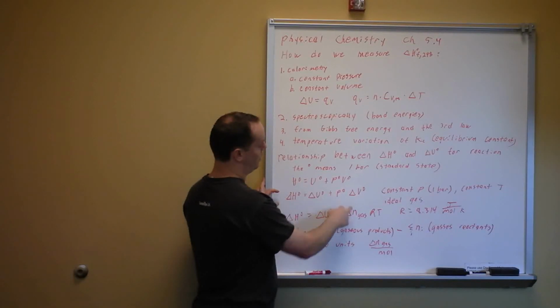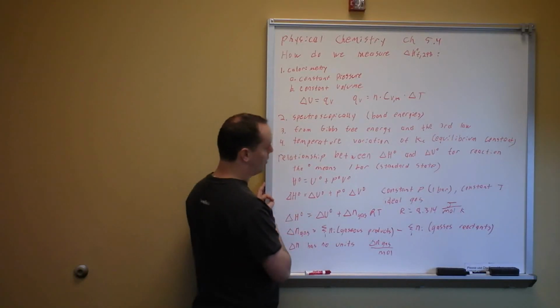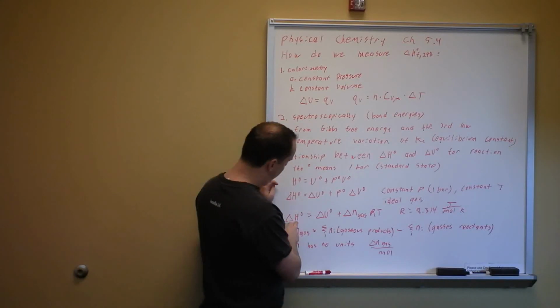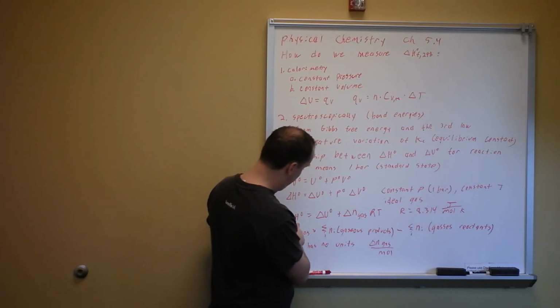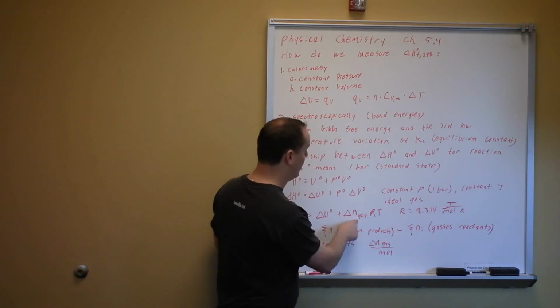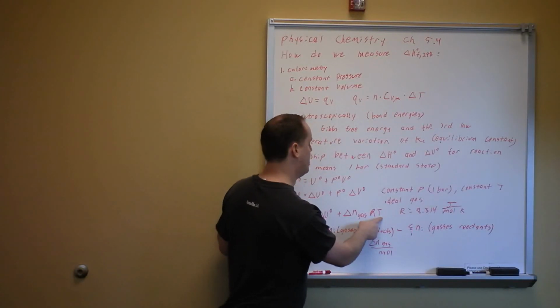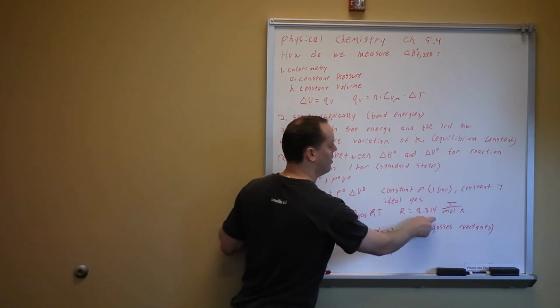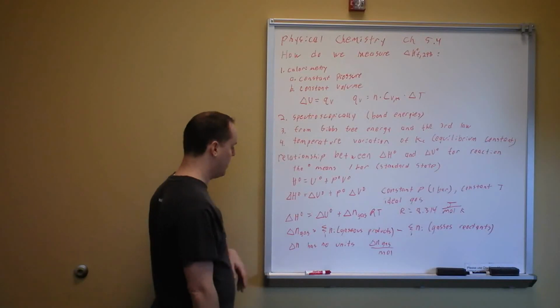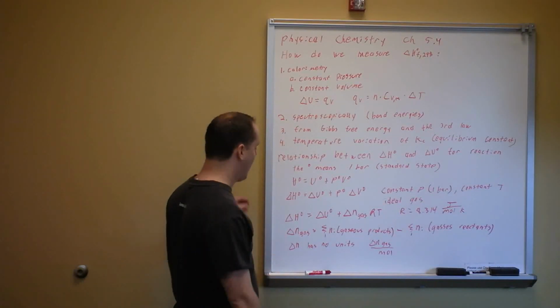Since for an ideal gas, for the change in volume, we'll use PV equals nRT to substitute in. So we have the change in enthalpy naught equals the change in internal energy naught plus Δn of gas, which I'll get to in a minute, times R times T. T is temperature, R is the gas constant, 8.314 joules per mole Kelvin. Now to find Δn gas, basically you're going to do products minus reactants.